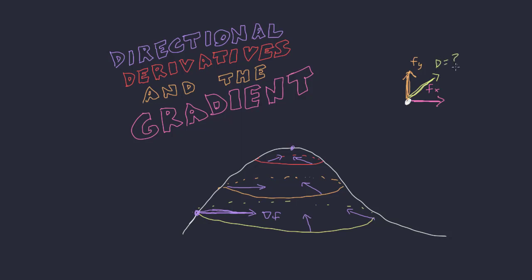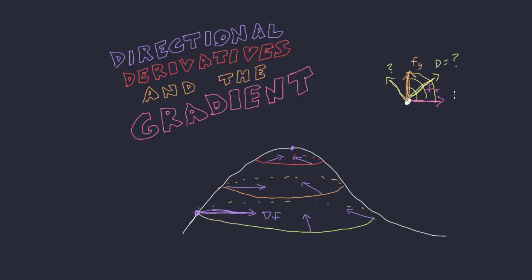in this direction? Or maybe we wanted to find the derivative in this direction. Now, if the surface is nice and continuous, we would expect that it's somewhere in between these.